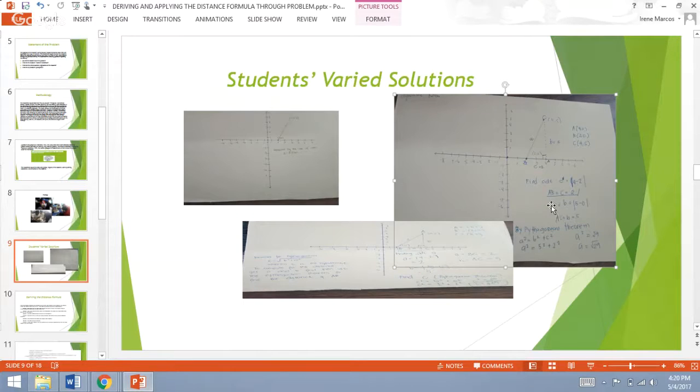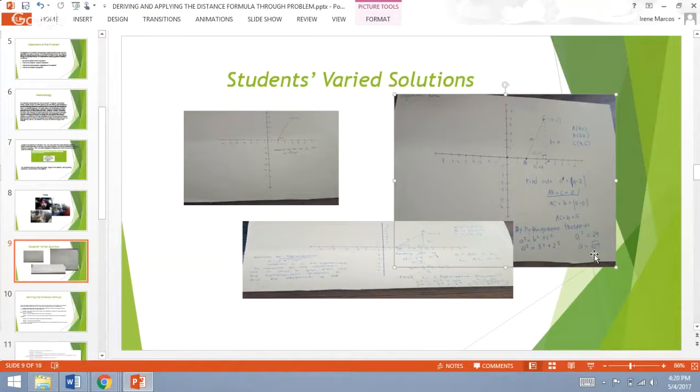Then AC, which is the absolute value of 5 minus 0, which is 5. Since they have prior knowledge about the Pythagorean theorem, they found BC, which is the hypotenuse. So a squared equals b squared plus c squared, according to how they drew the figure. That would be 5 squared plus 2 squared, which is 29. So a is the square root of 29.